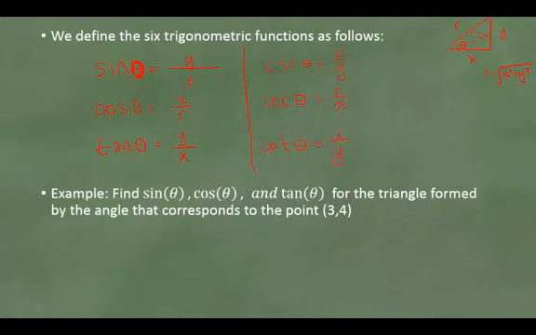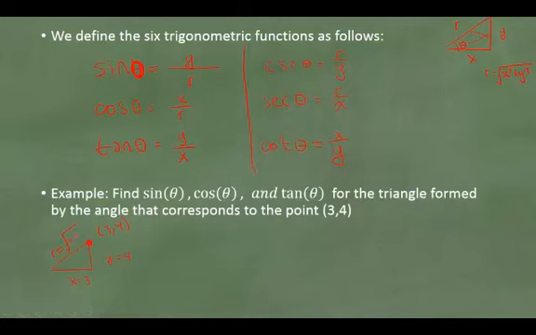So for example, if I have an angle that corresponds to the point 3, 4, in other words, x value of 3, y value of 4, how can I find sine theta, cosine theta, and tangent theta? Well, I need to find r. Remember, r is the square root of 3 squared plus 4 squared, x squared plus y squared.